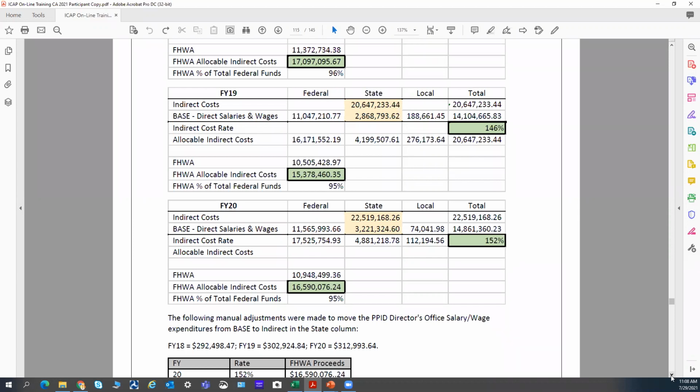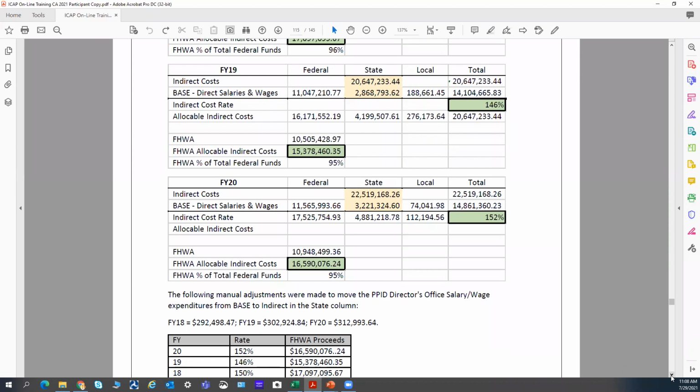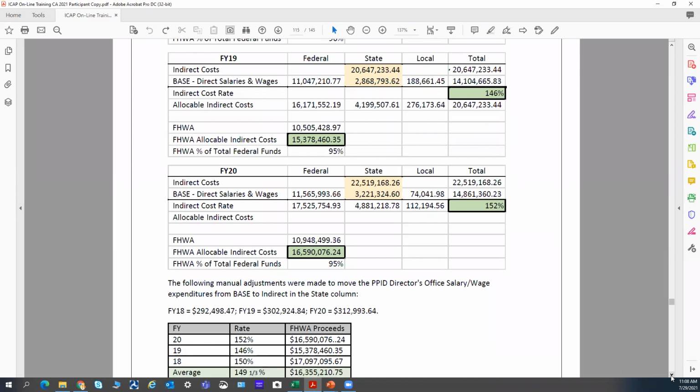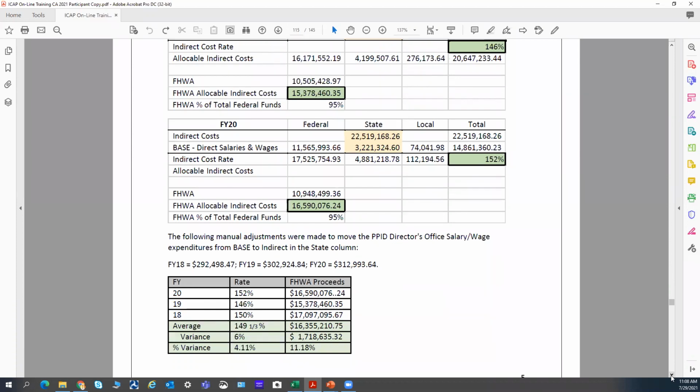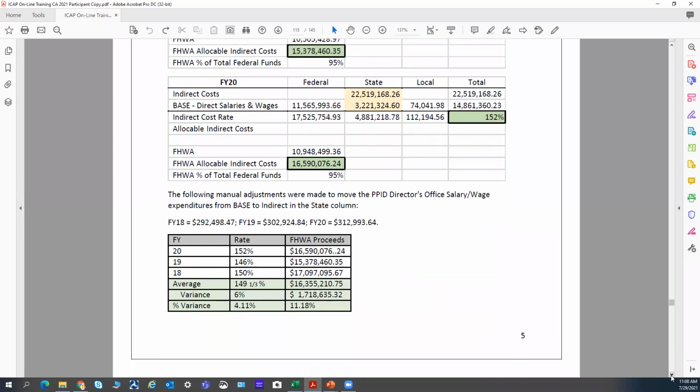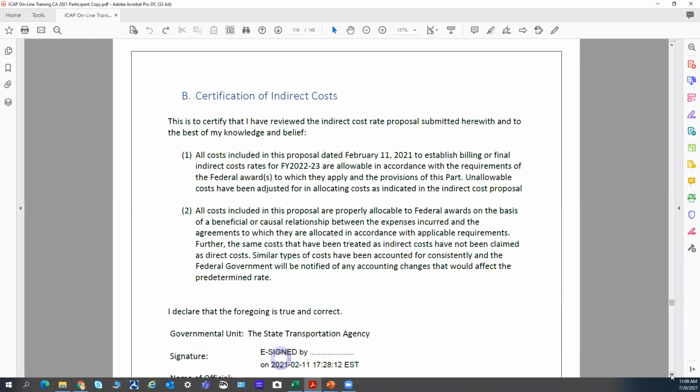And all of this is just information pulled from their finance system. And then down here, they showed a variance, but they also wanted to identify what portion of the proceeds from the federal program were being recognized in here. So that's what that little area is down there.